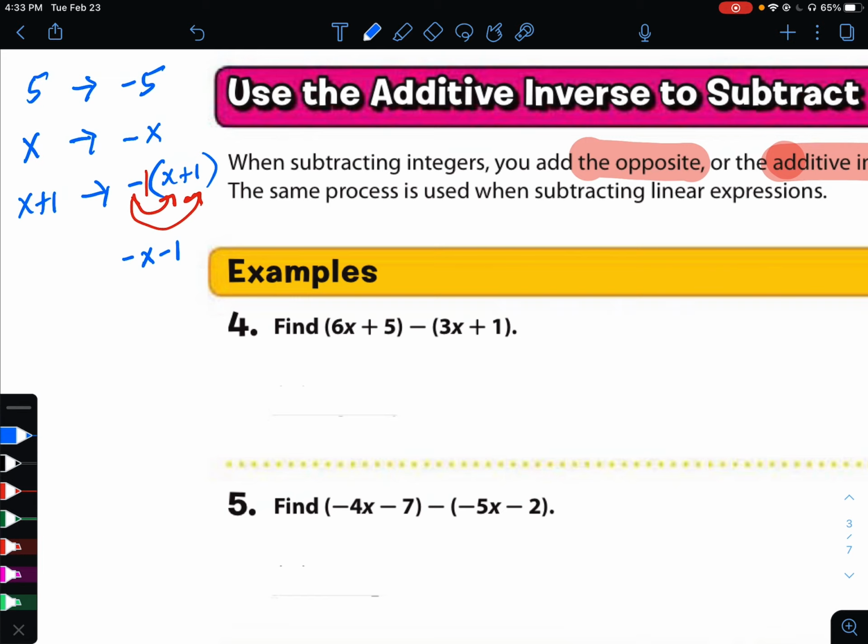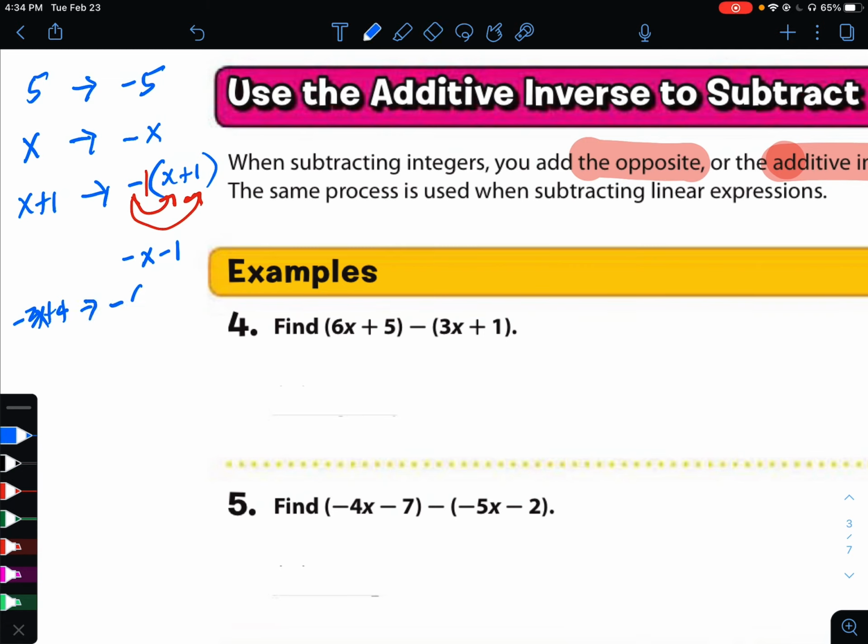If I have, let's say, negative 3x plus 4, if I'm going to get the additive inverse of that, this is the negative 3x plus 4. And if I distribute the negative 1, this becomes negative 3x. Okay, sorry, this is already negative. Let me redo that for you. Okay, let's do that again.